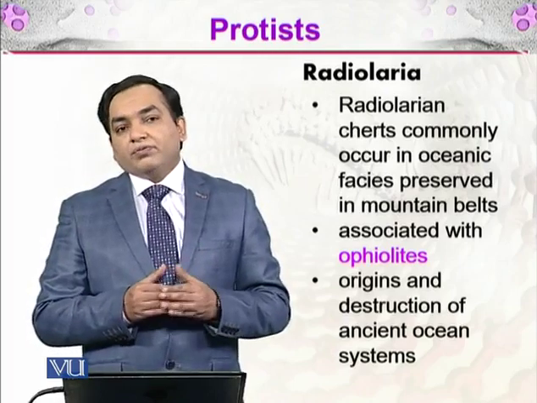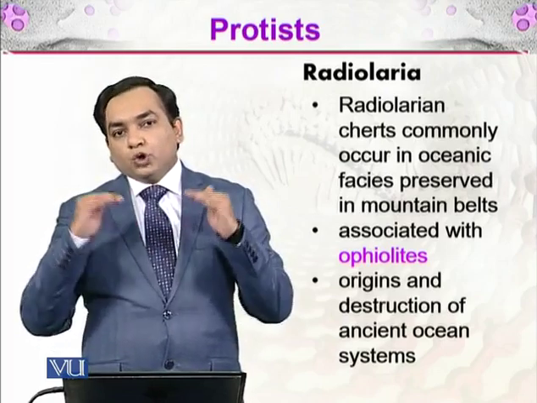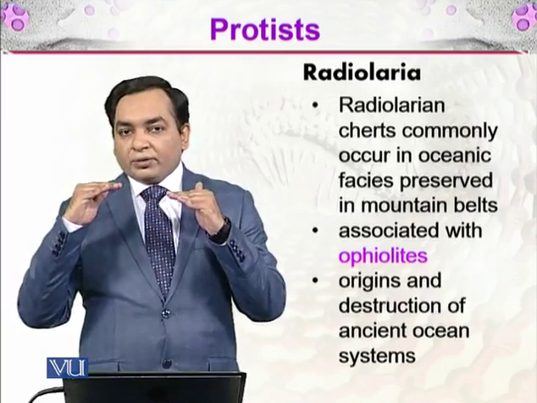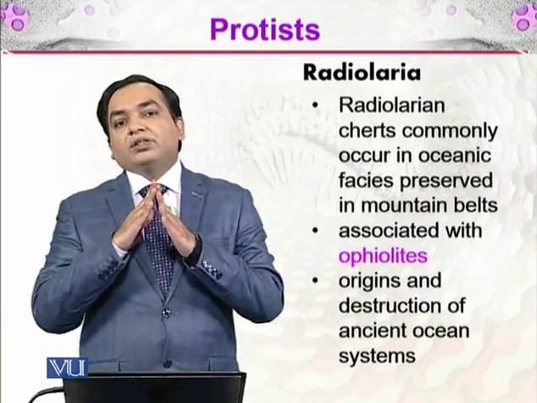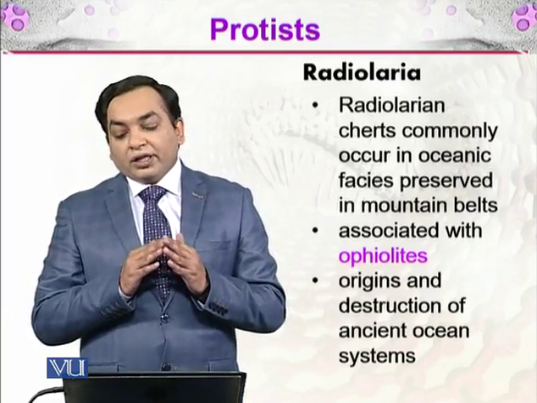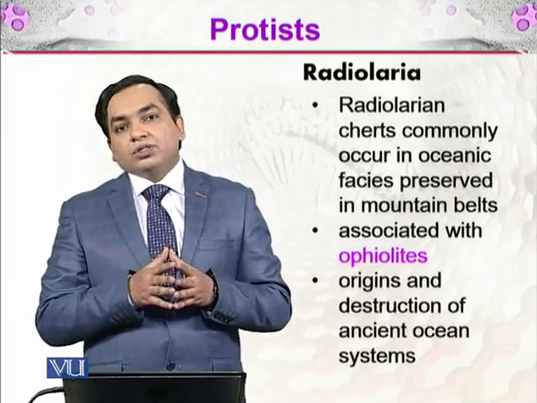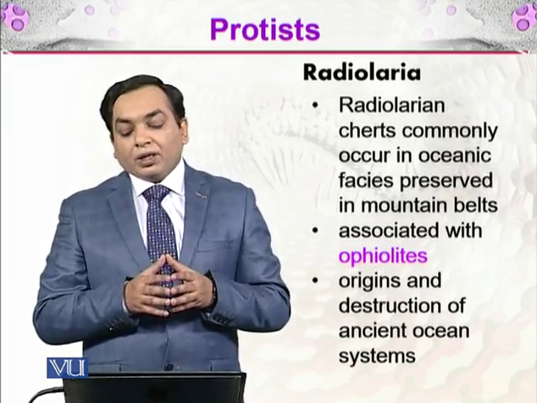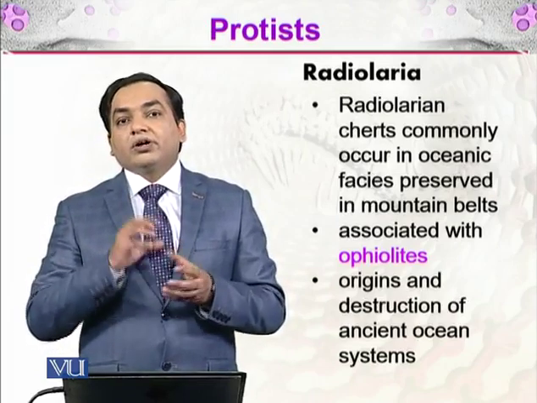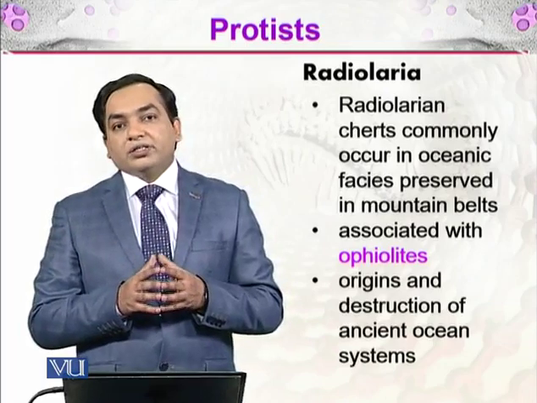When two oceanic plates, or an oceanic plate and a continental plate, combine, they damage each other and form some facies. They come up, and those parts are called ophiolites. In this way we can see different traces of Radiolarians there.